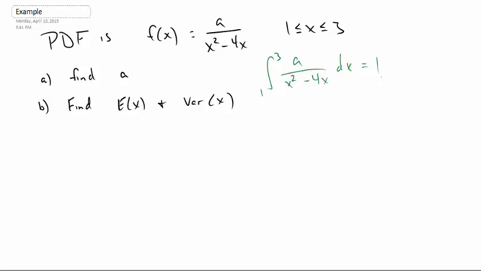U substitution isn't going to work. This isn't a sine or cosine function. This isn't the derivative of one of those, or the arc sine and all those ones that are a number over x squared minus a squared, because it's x squared minus 4x. So how do we deal?